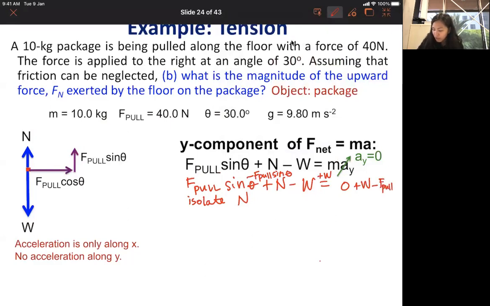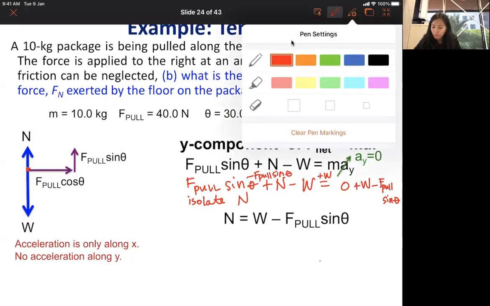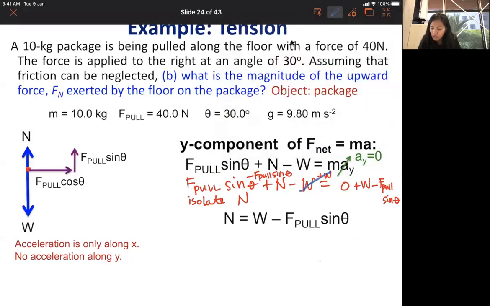Minus F pull sine theta, and you have the rearranged equation for the normal force to be equal to the weight minus F pull sine theta. Right? Because weight will cancel on the left side, and F pull sine theta will also cancel out.